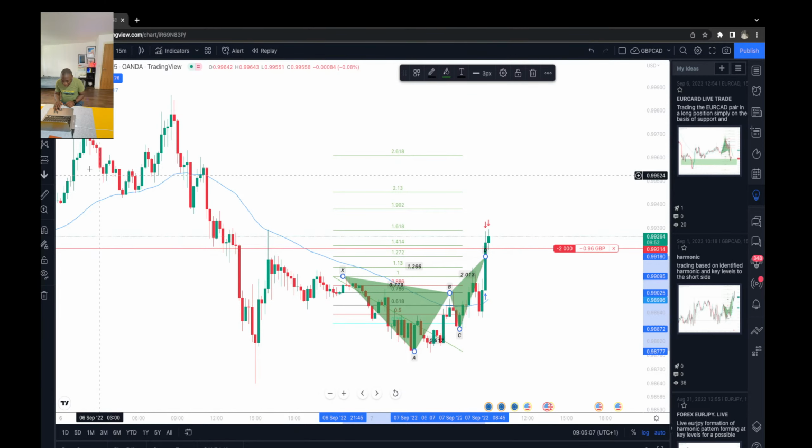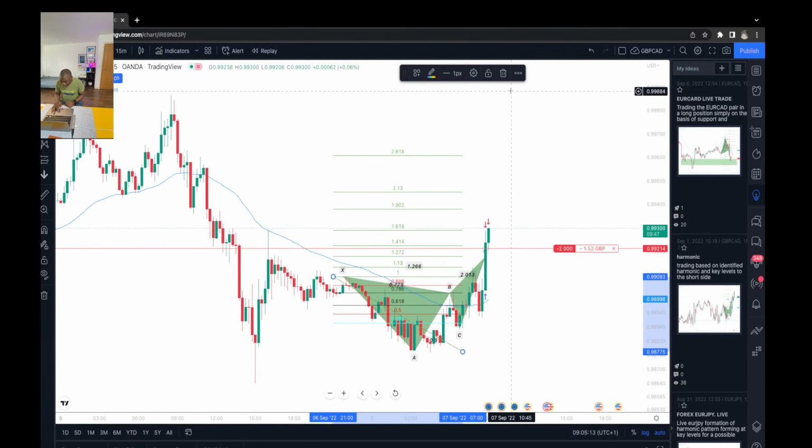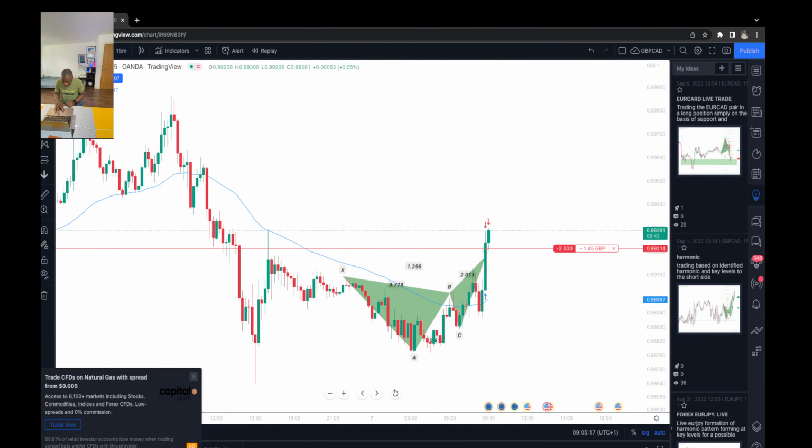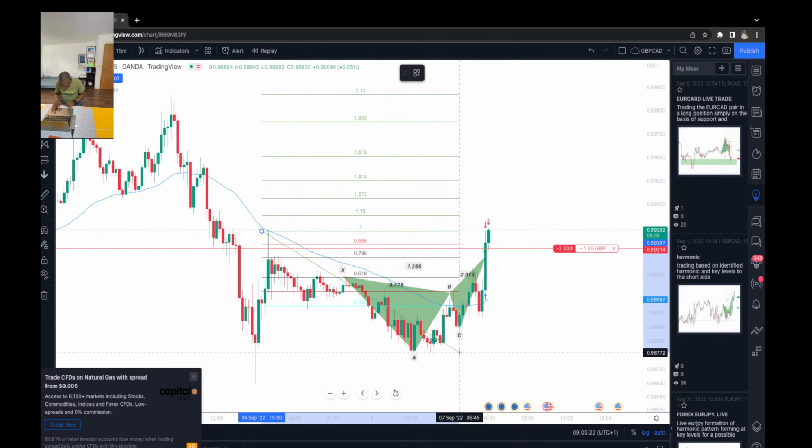The other harmonic pattern that I've seen, now this is by no means guaranteed. If I do X to A, the B section finishes at exactly 0.5, that's 50%. I think I could be completely wrong with this assessment, but we'll see.